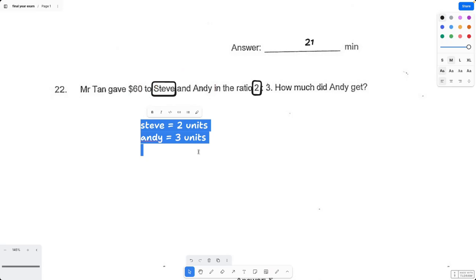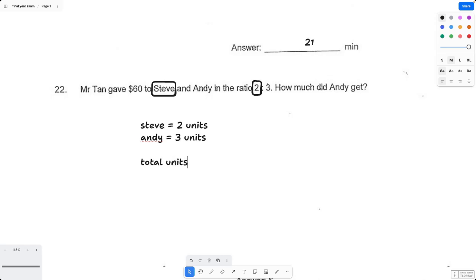So that means in this case, the total units is equal to 5 units, and that means total money is equal to $60. So that means in this case, 5 units is equal to $60. So then we can get 1 unit, which is equal to 60 divided by 5. And this will give us $12, right?